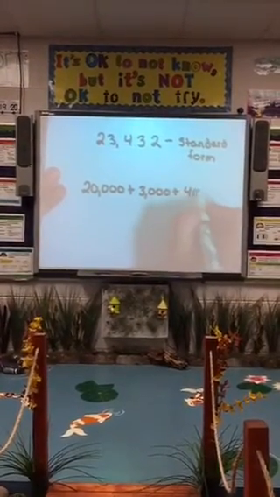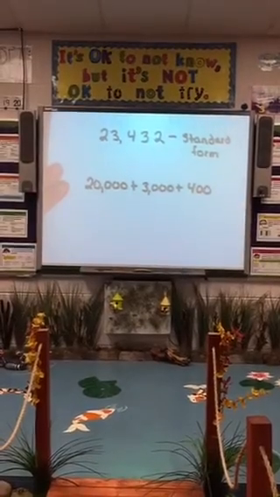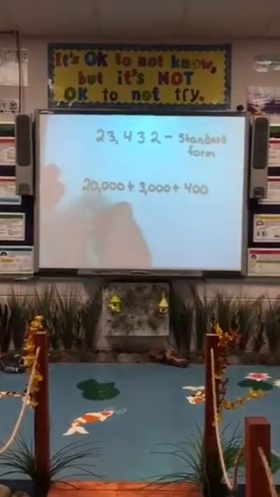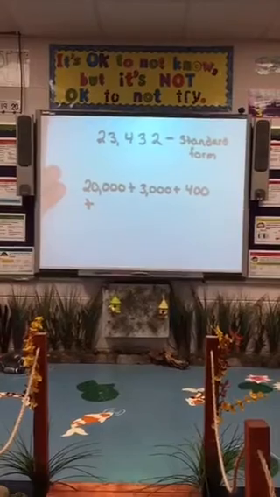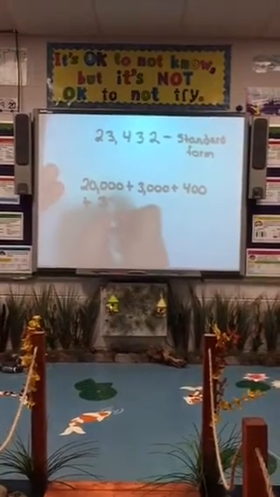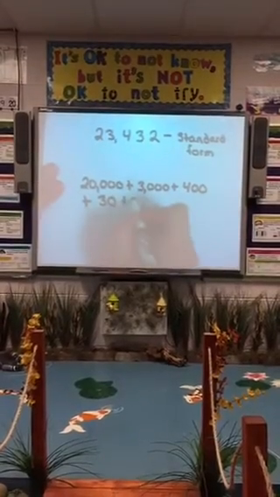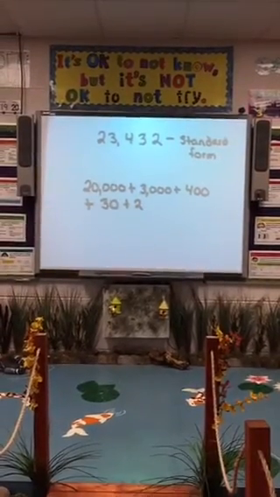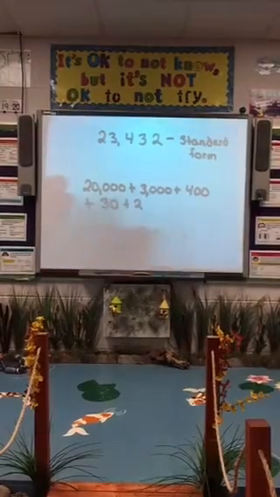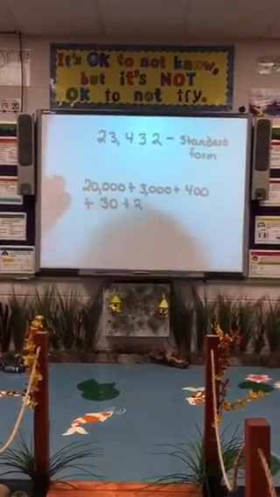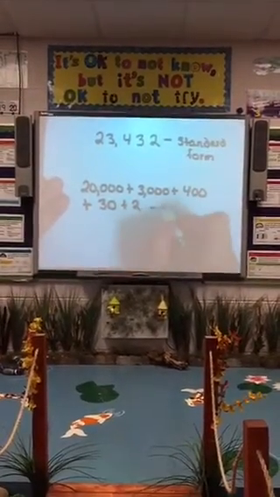The value of that is 400. All right. Plus a 3 in the tens place. The value of that is 30. Plus a 2 in the ones place, which has a value of 2. This, where we write the value of each digit, is called expanded form.